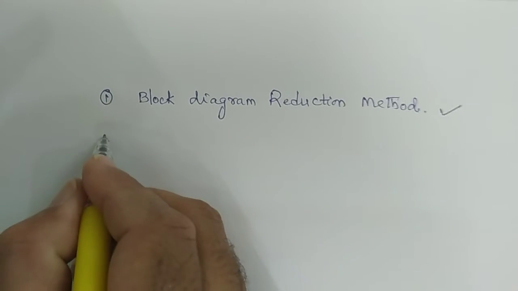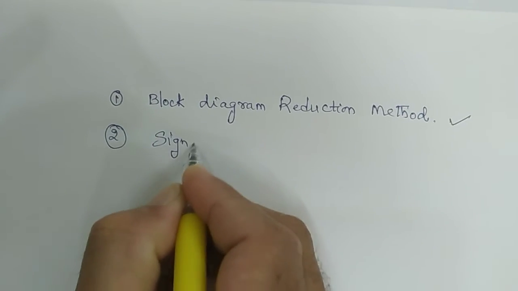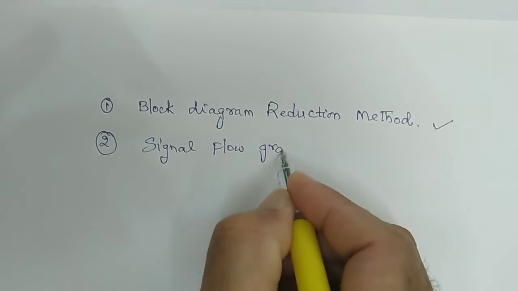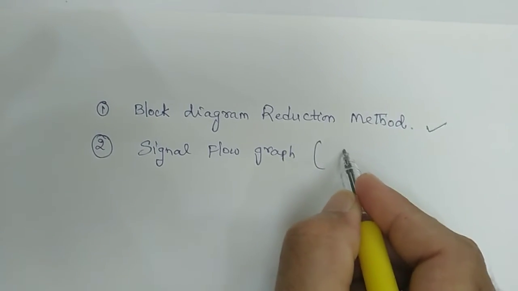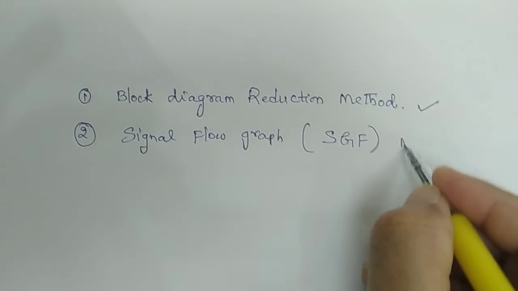And secondly, this is called the signal flow graph method, SFG, otherwise signal flow graph method.